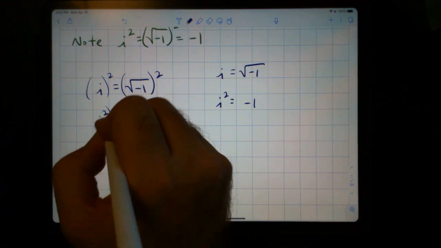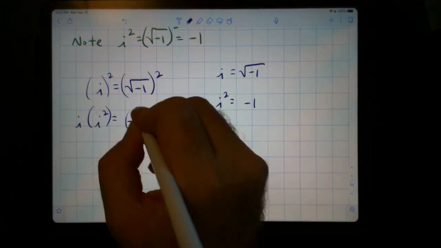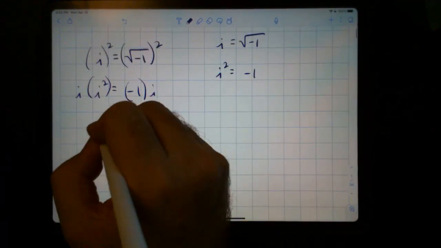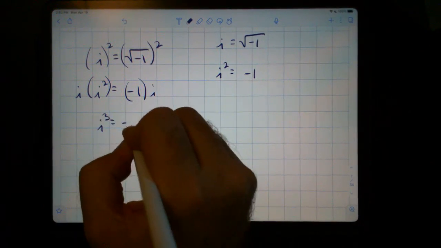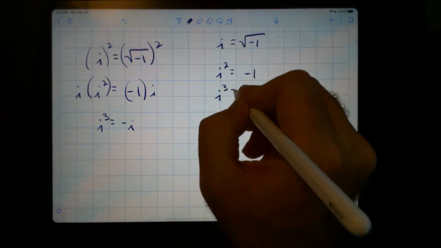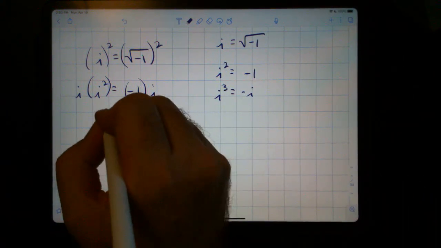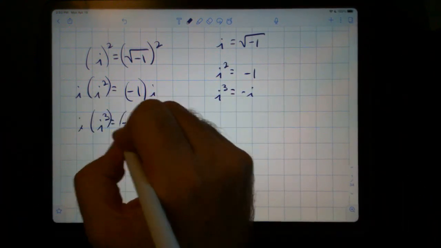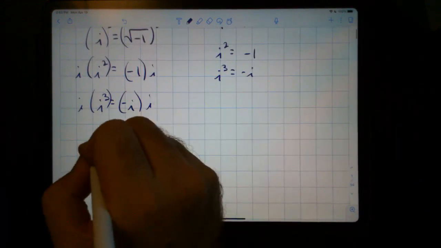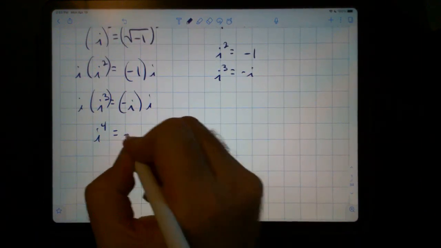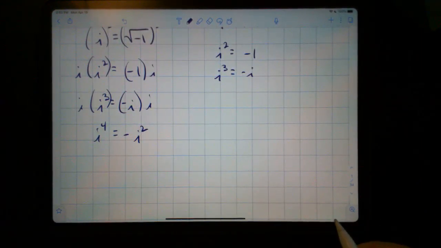And then if we multiply both sides by i, we have i cubed is equal to -i. And then if we multiply both sides by i again, we have i to the fourth is equal to -i squared.